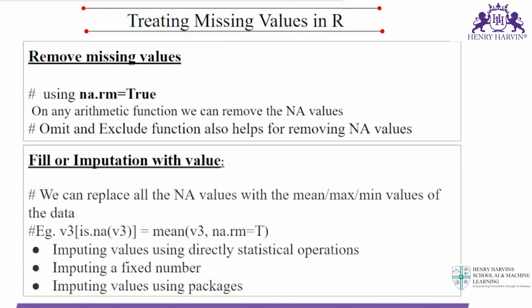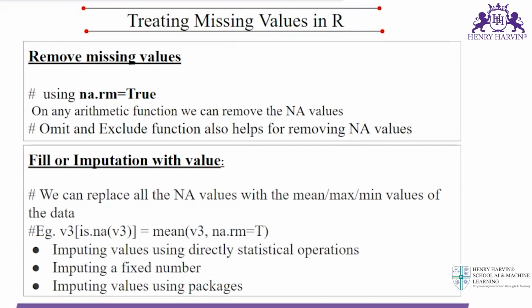You can fill them with a fixed number. Let's say there are some missing values in the age group, or in some input related to fixed numbers. You can impute all those NA values with a fixed number, let's say 50. So we will learn how to replace all those NAs with a fixed number.